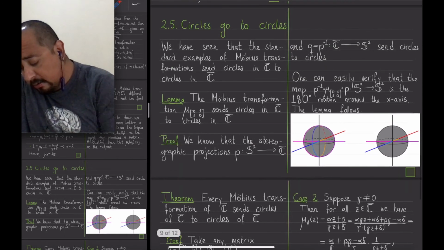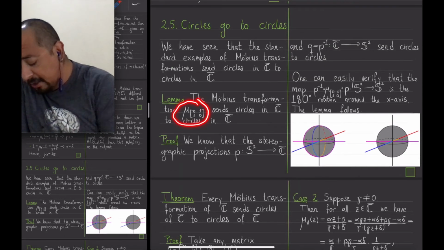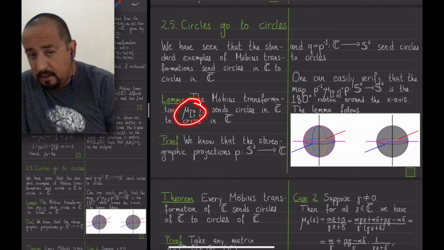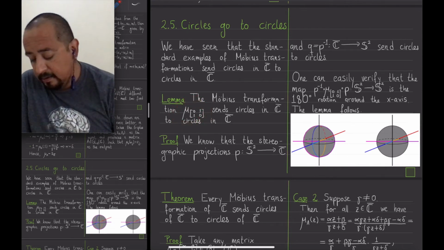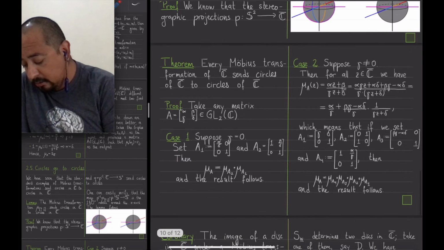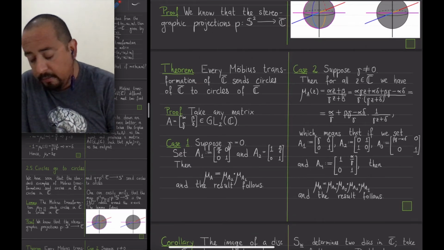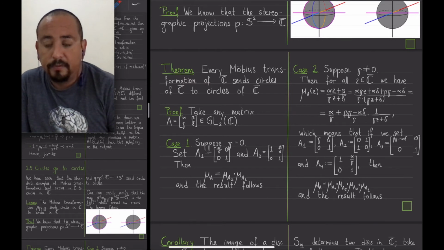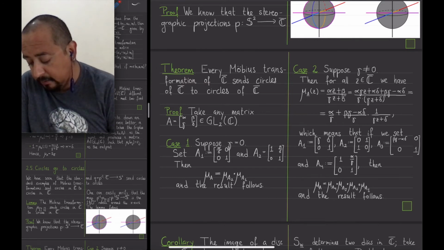Right. And now we know that this very specific Möbius transformation sends circles to circles. And now we are going to use that to show that every Möbius transformation of C bar sends circles of C bar to circles of C bar.